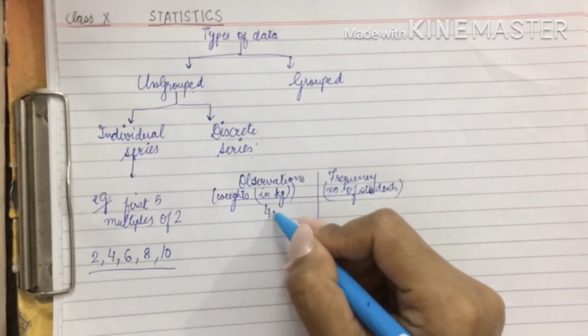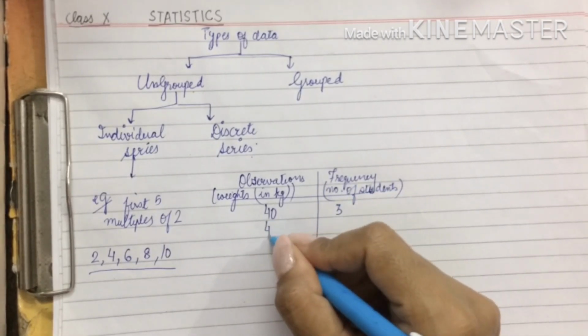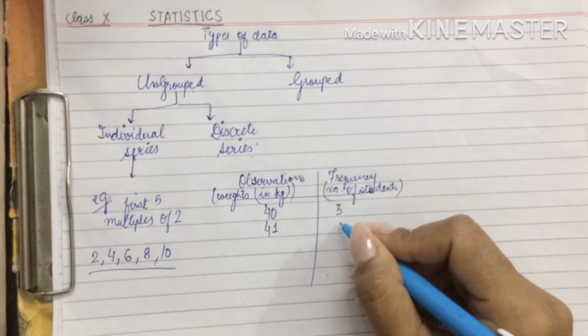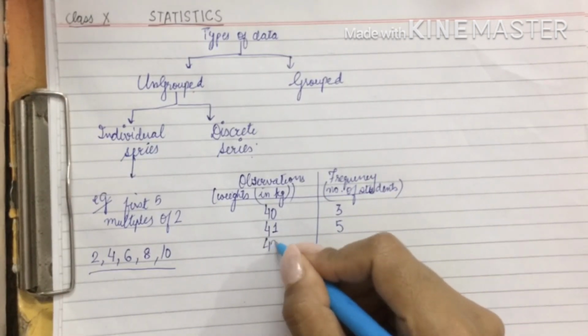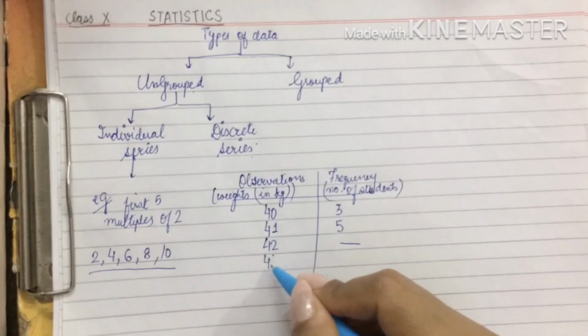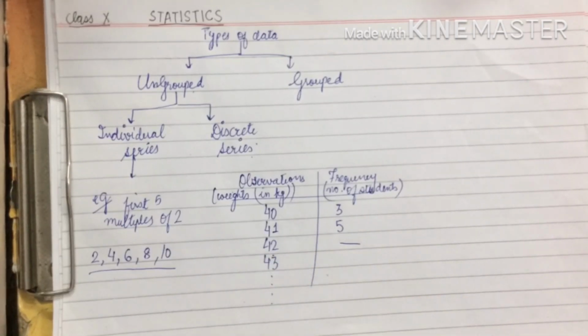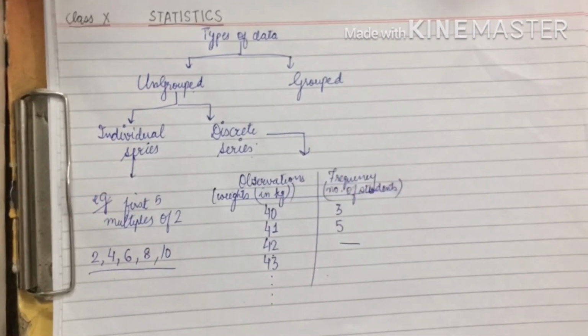So let's start with the minimum value as 40. How many students are there? Let's say there are 3 students who weigh 40 kg, then 41. So let us say there are 5 students who weigh 41 kg. Then we could have 42 number of students for this weight, and then so on. So observations and the frequency, this is called discrete series.